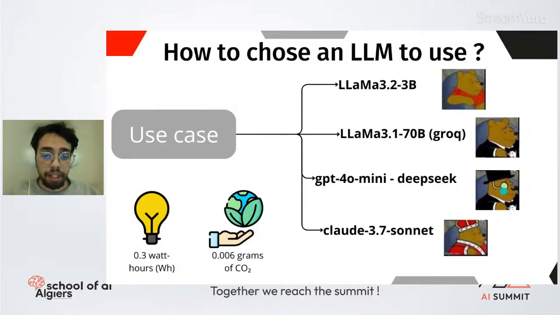You are happy, as you can see here, but you are sending your data to third-party services, which is not really good if you have a use case that is really internal and private. And of course, the last one, you are really, really rich and use Claude 3.7 Sonnet, but you are unhappy because you see your money going away, and you could use a smaller LLM for this task.